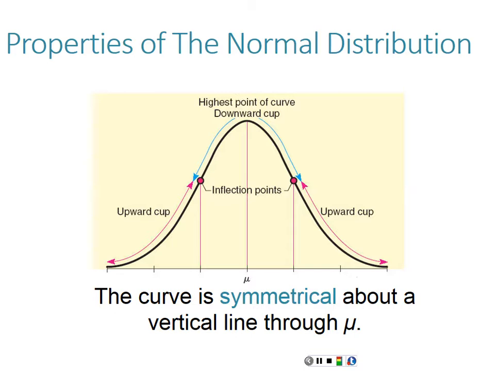If you were to draw a dotted line right down the middle, it would go through the mean. And what that means is that the left half of the curve and the right half of the curve look exactly alike, except that they're mirror images of each other. That's what it means to be symmetrical about the vertical line through mu.